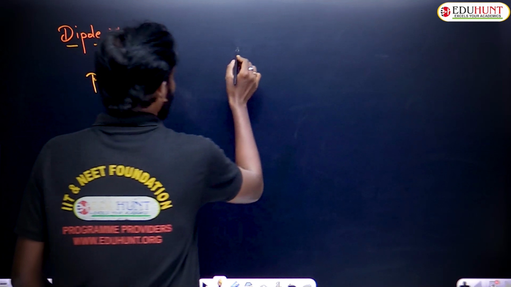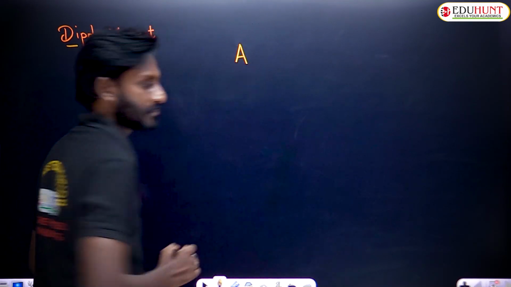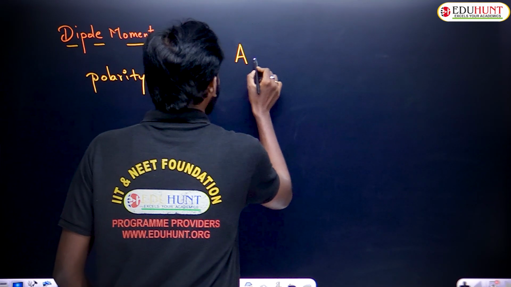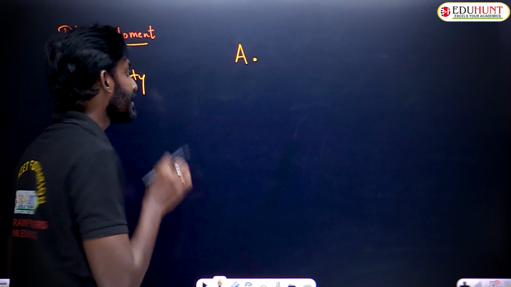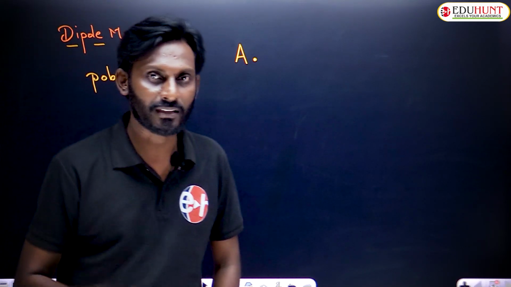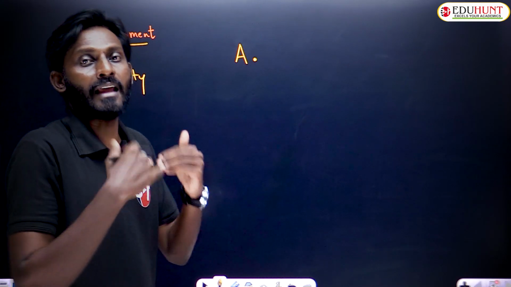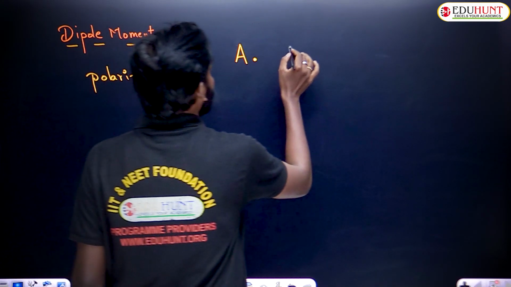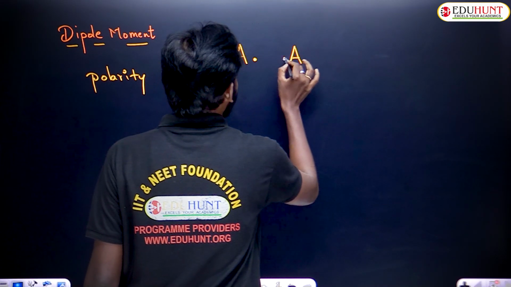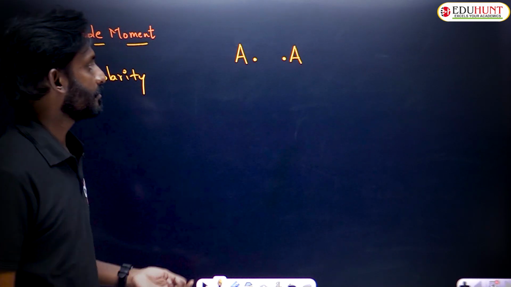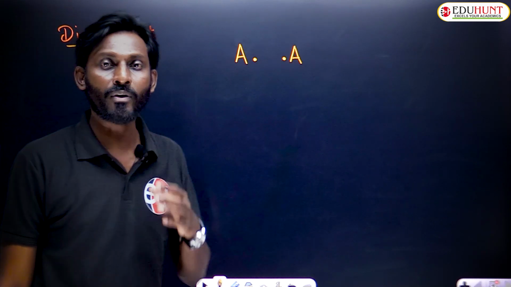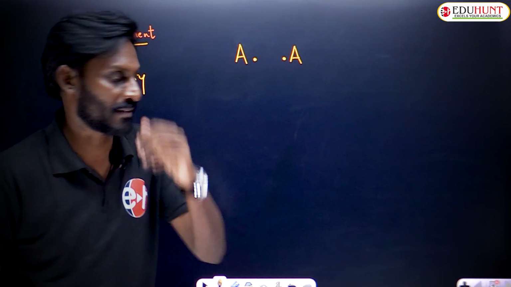Suppose A is an atom and the dot is one of its valence electrons, and I am taking another atom A, that means two similar atoms. Now imagine these two atoms share that electron pair.